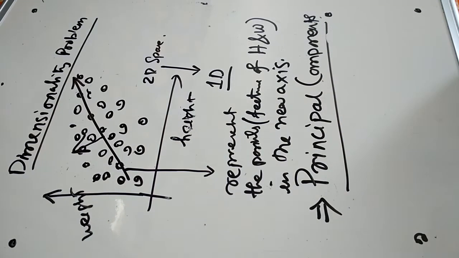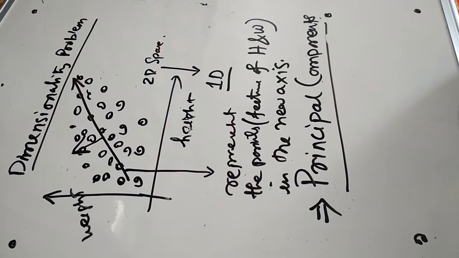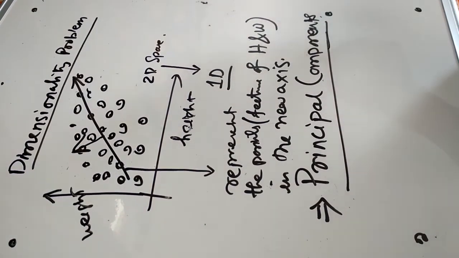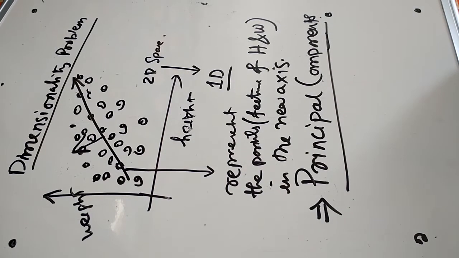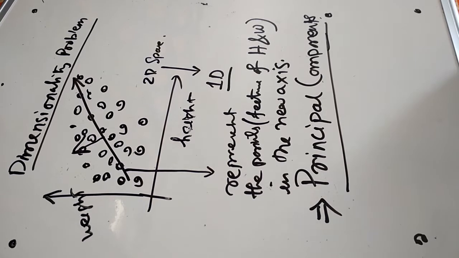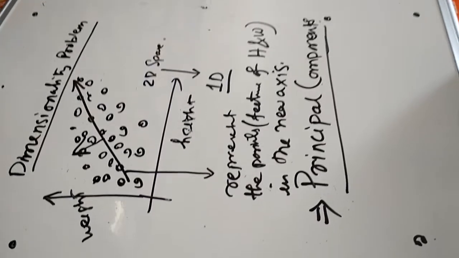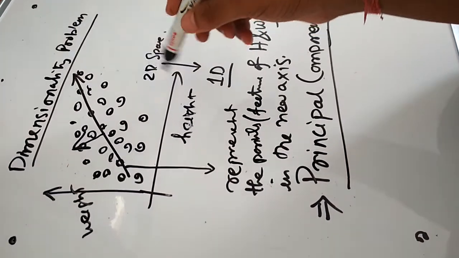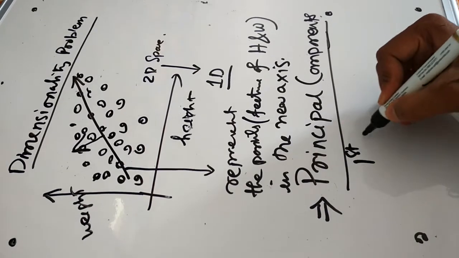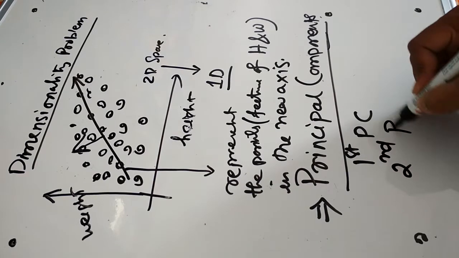Okay, so we know that to find the principal components, we will see how we can apply them here. In this 2D problem, we have two types of principal components, called the first PC and the second PC.